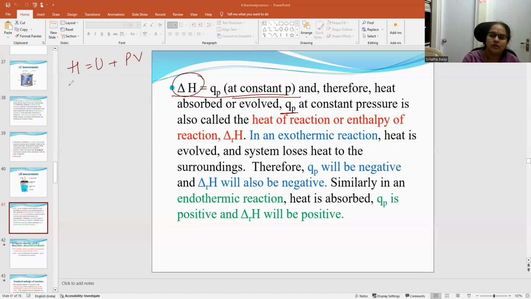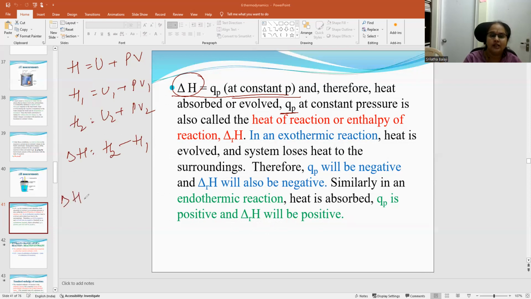So now, for the first state 1, let H1 be U1 plus PV1, because P is constant there, and H2 is U2 plus PV2. Then what is delta H? Delta H is H2 minus H1. Now substitute that.